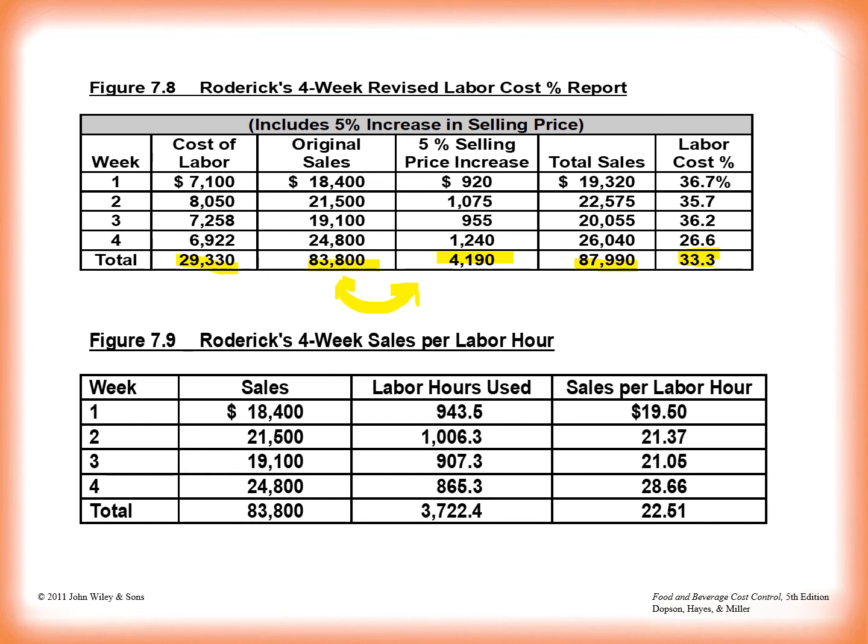33.3% labor cost. But now let's look at it in terms of sales per labor hour. I have $83,000 in sales. How many hours did it take for me to generate that many sales? Well, it took 3,722 hours of labor.